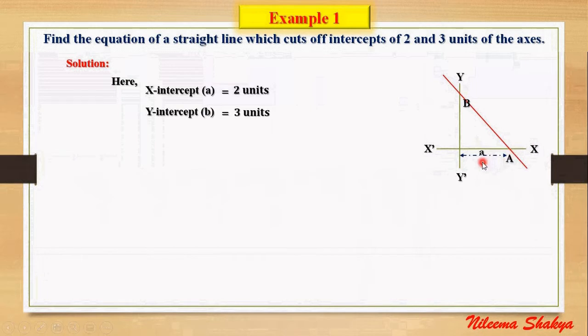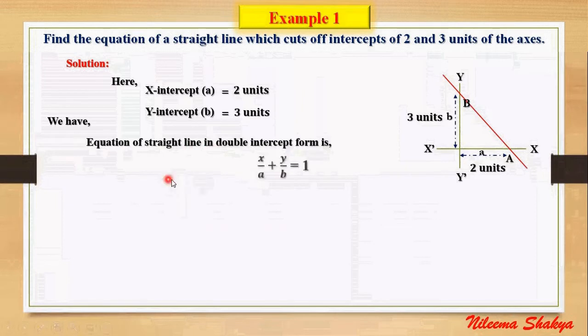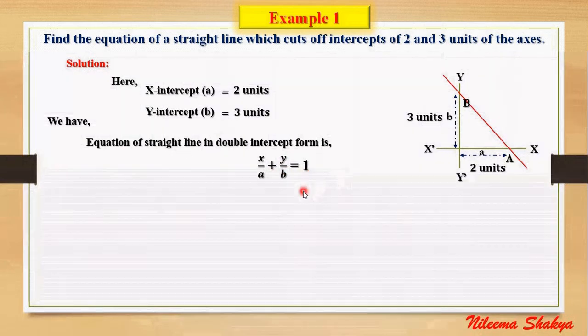This is A, the x-intercept, and this one is the y-intercept. The value of A is 2 units and the value of y-intercept B is 3 units. We know the equation of a straight line in double intercept form is x by A plus y by B equals 1. This is the equation we derived in our previous video.